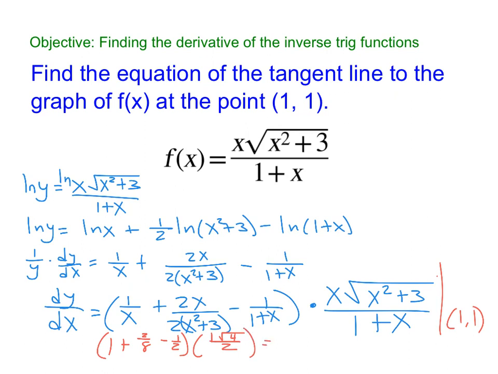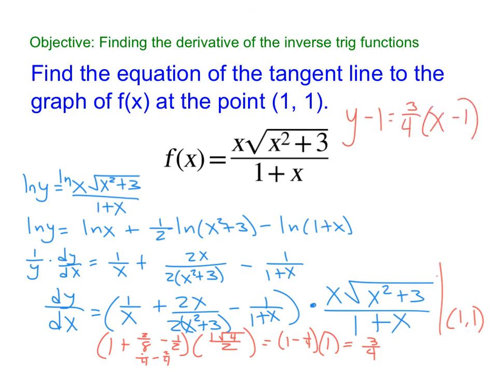I got a 1/4 minus 2/4. So we get 1 minus 1/4, so that's 3/4. And then, that's just 1. So 3/4. So y minus 1 equals 3/4 times x minus 1. And we're done.